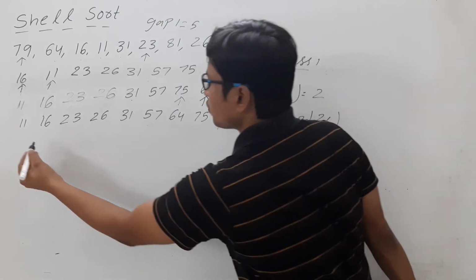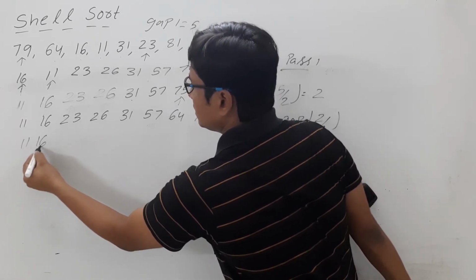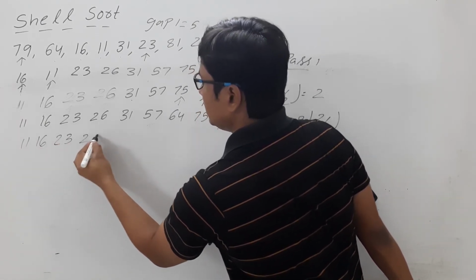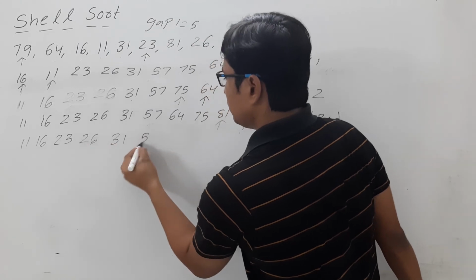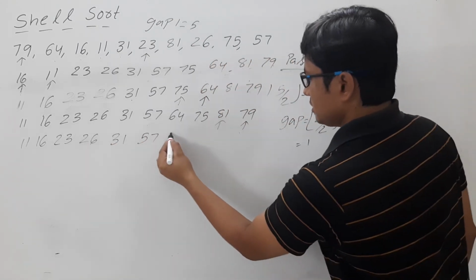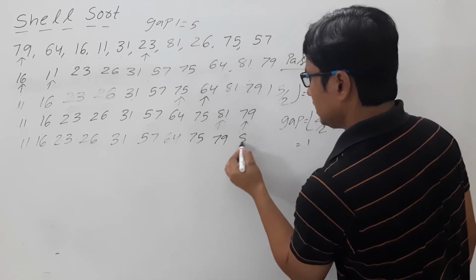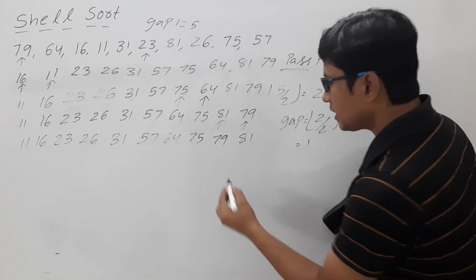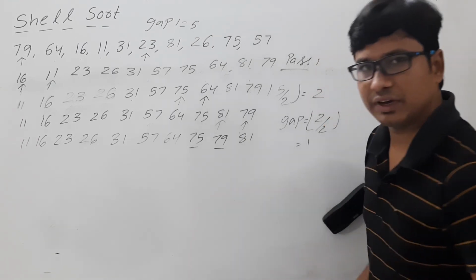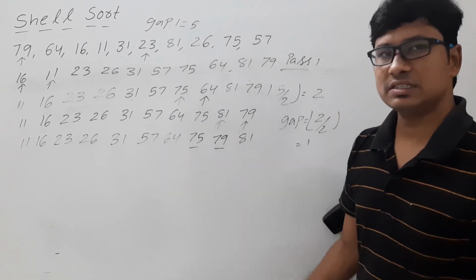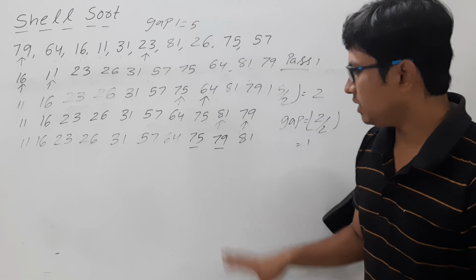If I perform the swapping, I will get 11, 16, 23, 26, 31, 57, 64, 75, 79 and 81. Now if I compare 79 and 75, 75 is less than 79, so I no need to perform again a swapping.